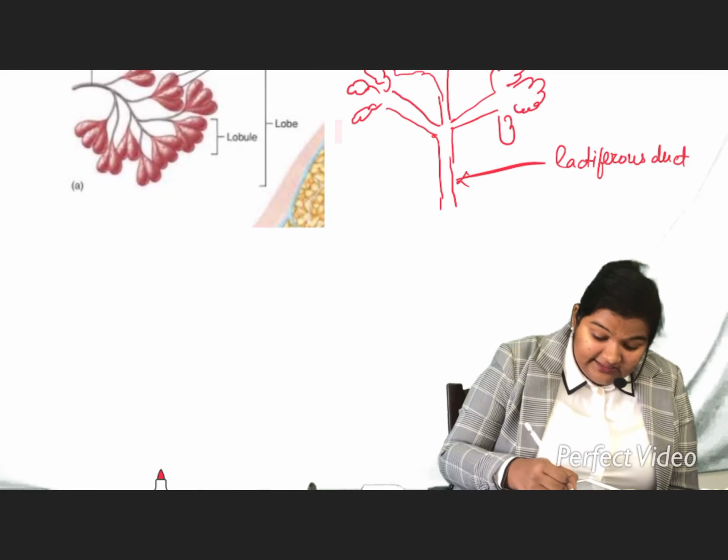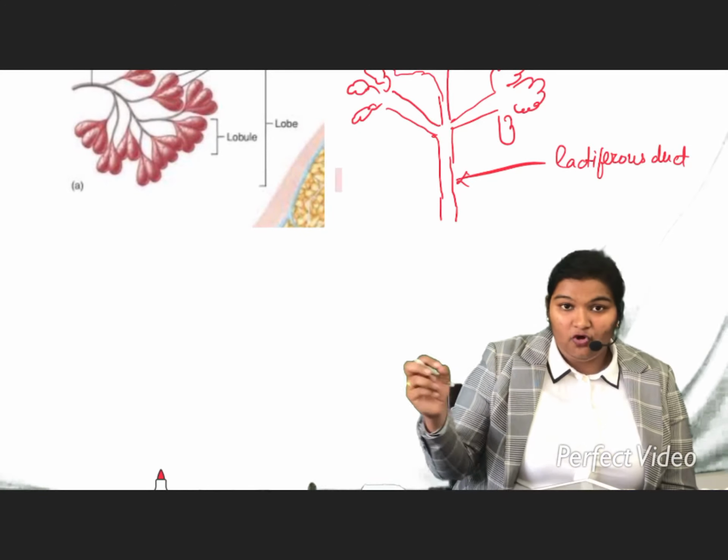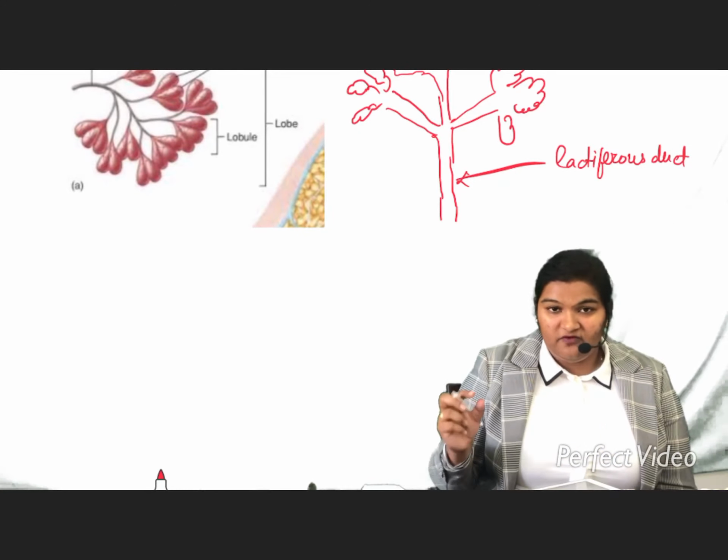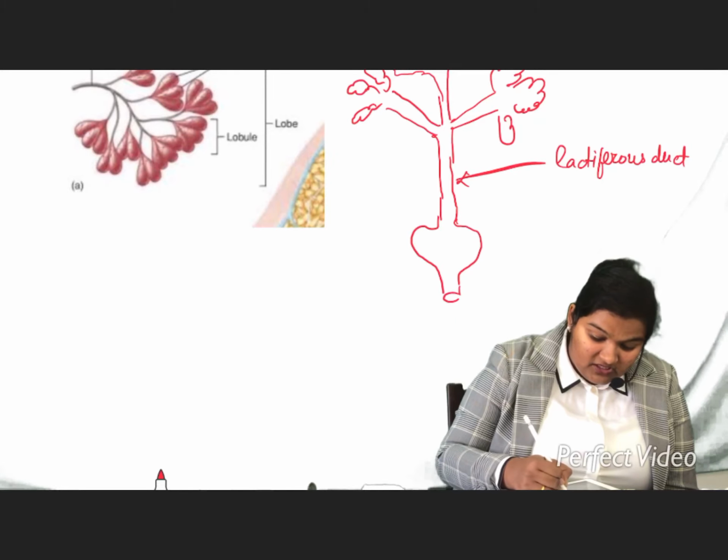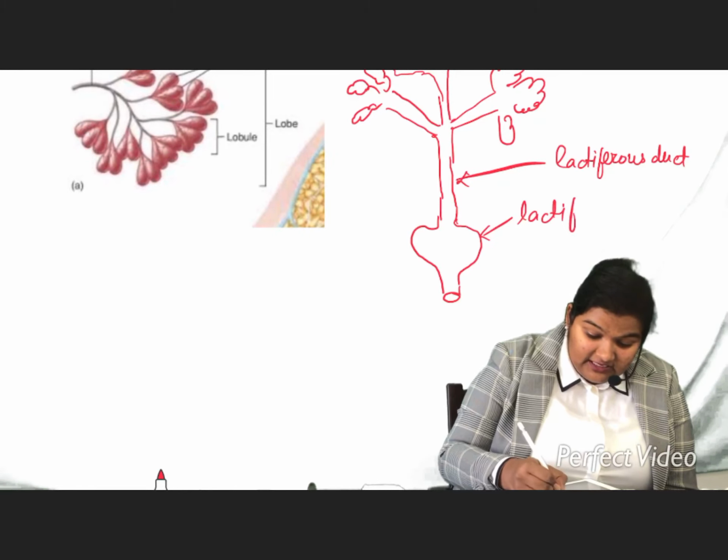Okay, and this lactiferous duct, before opening or before ending at the nipple, it dilates. It dilates like this, and here is the opening, and this is called the lactiferous sinus, and here it is the opening of the nipple.